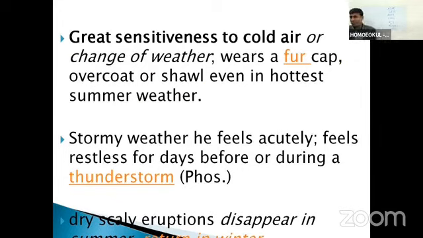You can check it in, I think, chapter Agaricus. You'll get the entire group of medicines. So rather than writing, checking in the book is the best policy. I'm saying again and again. Okay.